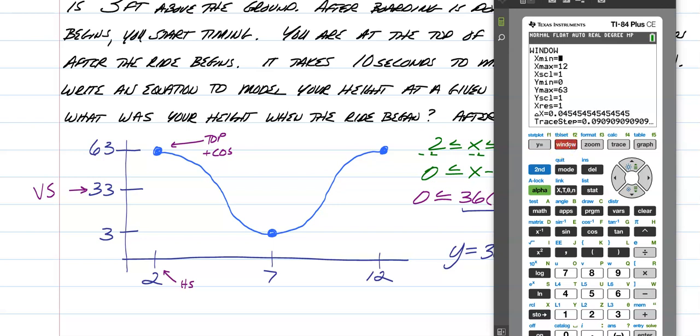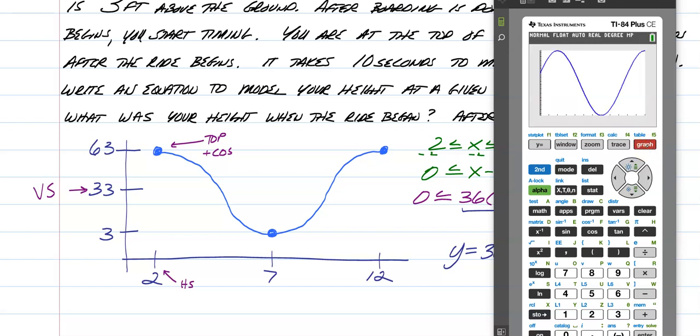Your window, your x minimum should always be 0, even though we're starting at 2, and the x max is 12. Y min and y max could easily just follow what you have here. So this y minimum could easily be your minimum height of 3 and your maximum height of 63. And then all you're going to do is press graph, and you're going to see what you wrote.